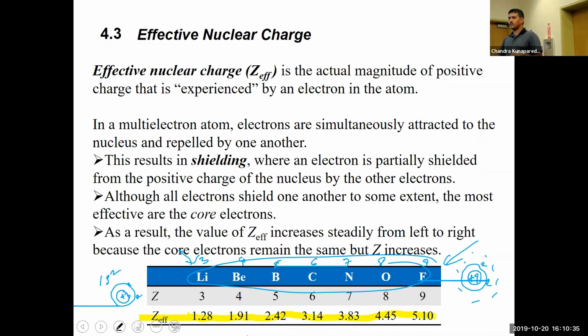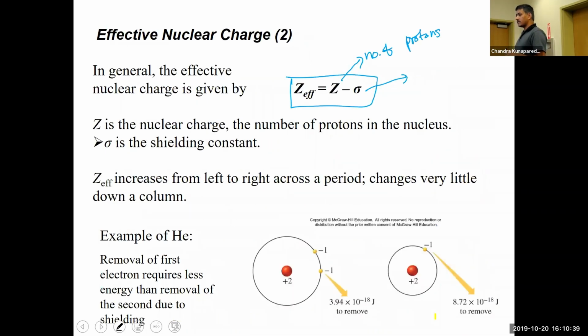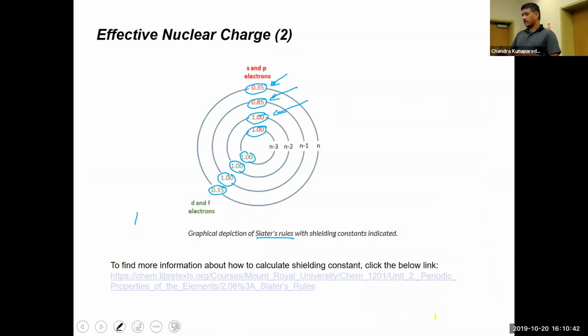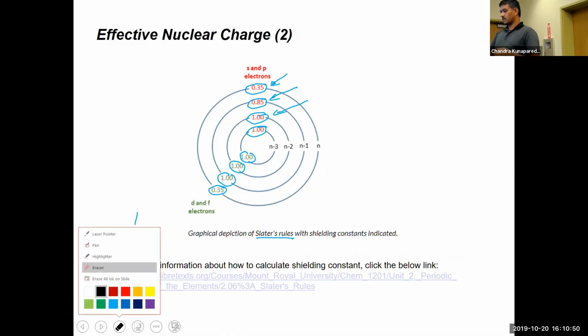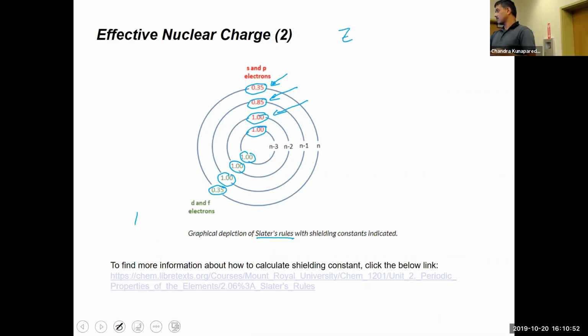So we are going to use this trend a lot, unless it is stated clearly otherwise. Let me write it again. The Z effective in the periodic table. Let's say this is hydrogen, the top left.